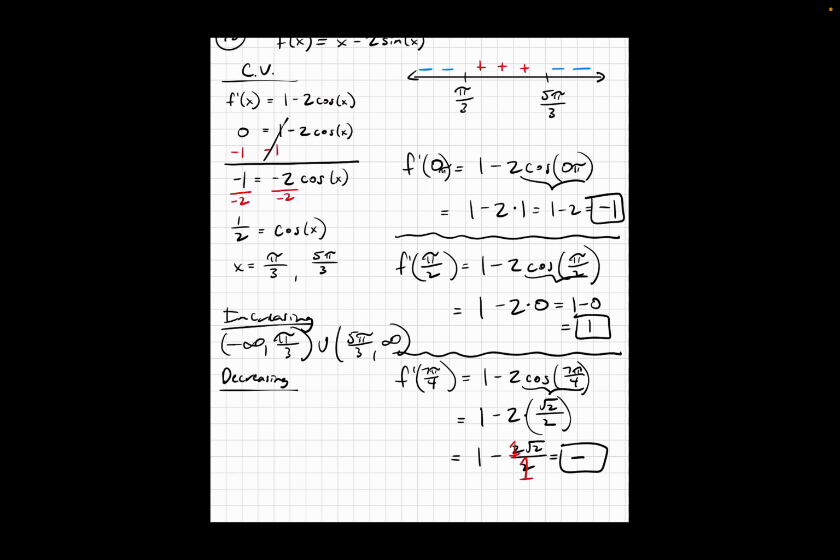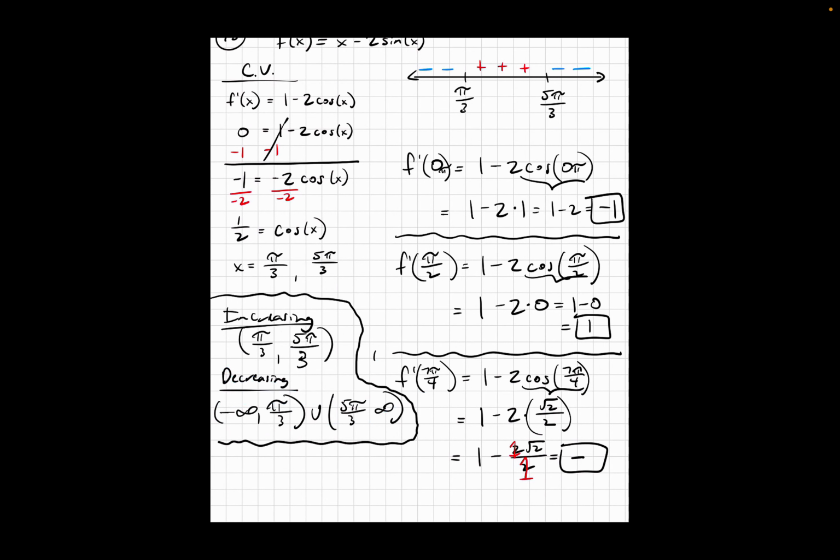Oops, wait, I keep doing that wrong. Why do I do that wrong? That's decreasing. It's negative, so it's decreasing. Increasing is in between, pi over 3 to 5 pi over 3. I think I'm looking at the colors instead, because usually red is negative and blue is positive, but I changed it, so I don't know. I don't know what I'm doing.